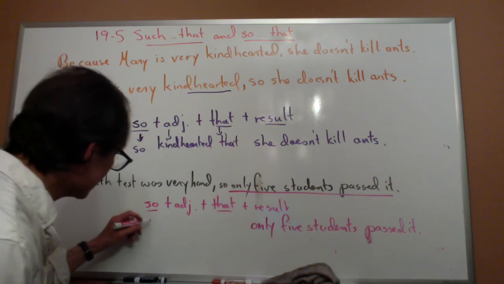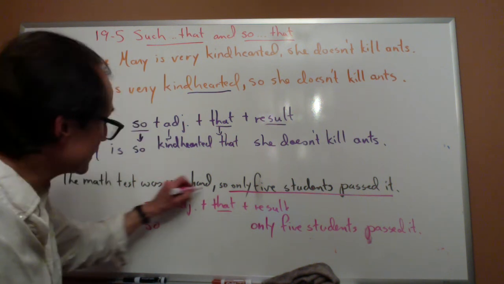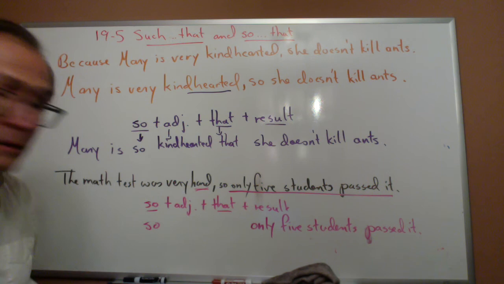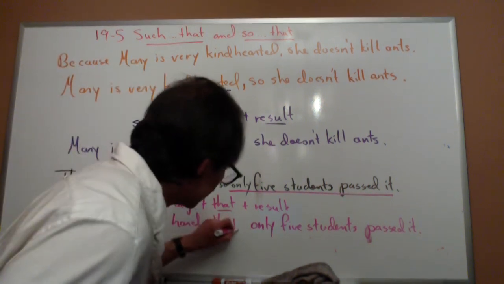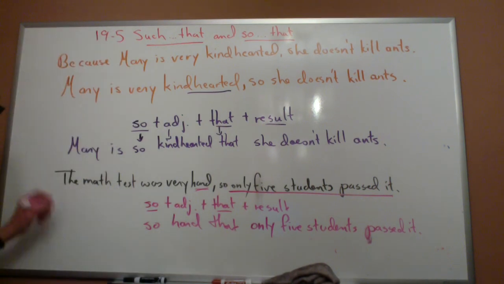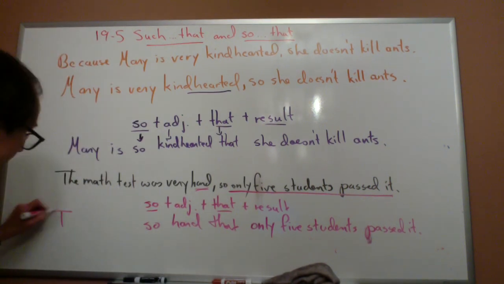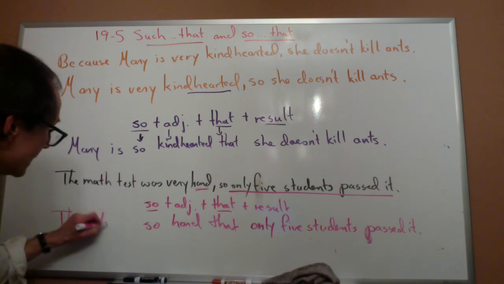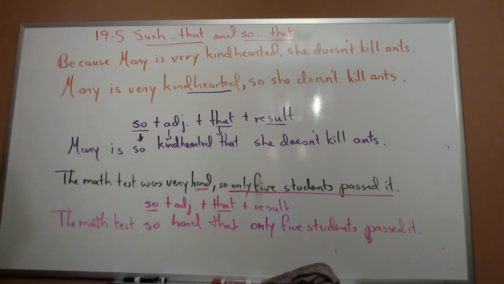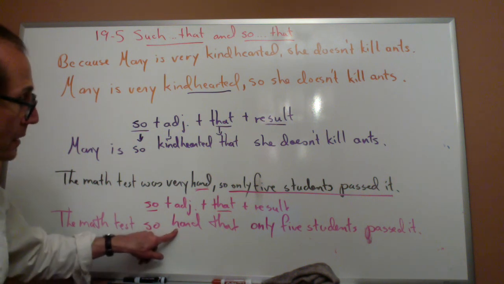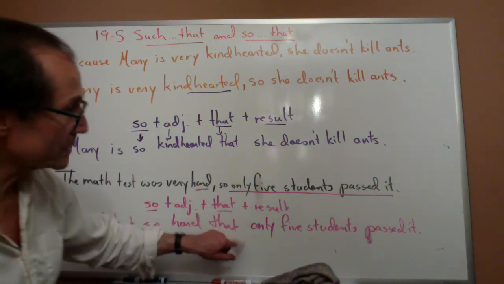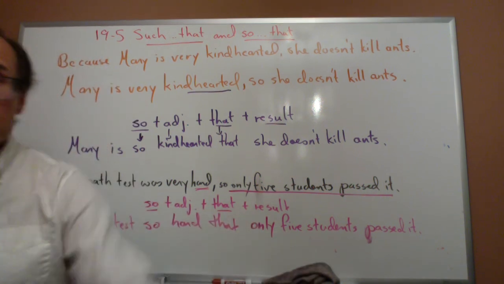So here I'd say so, and the adjective is hard. So I'd say so hard that. And then, to begin, I'd say the math test was so hard that only 5 students passed it. The math test was so, plus adjective hard, plus that, plus the result. Only 5 students passed it.